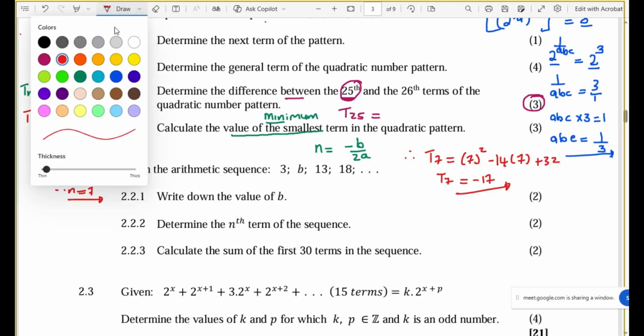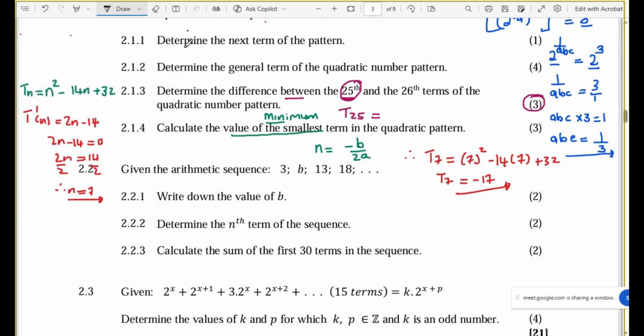So we can also use the other method. Guys, I used the calculus one. When I see the word minimum, it means that I need to derive. But for the value of the smallest in a quadratic pattern, it's always this formula. So n will be minus b over 2a, where the value of b is minus 14.